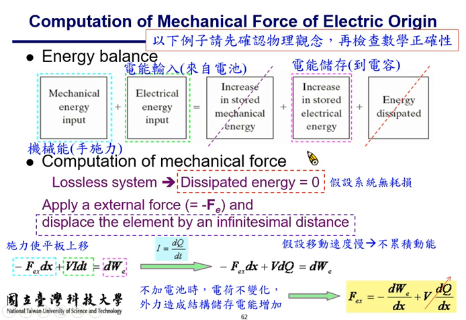That will be VI. VI is power rating. Power rating times time, dt, becomes energy. VI times dt is in the form of energy. And the very last term is dWe. That is the energy stored in terms of electrical field.